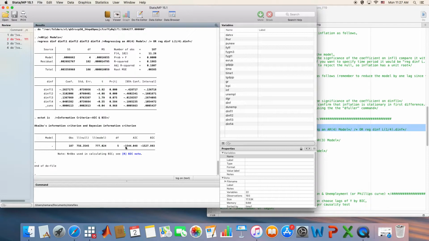Given that the equation used in Stata has a -2 before the likelihood function, I might get a negative value in the AIC in Stata many times. The formula I gave in class is just an equivalent formula that doesn't have a negative value. If I take the first difference of the equation, the squared term would go down and the constant -2 would have an effect on the numbers in AIC and BIC.